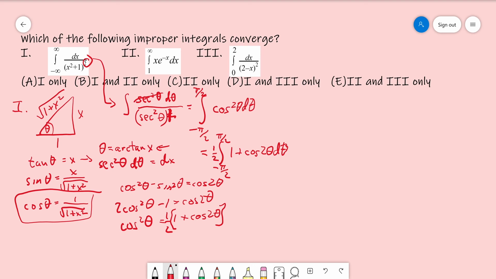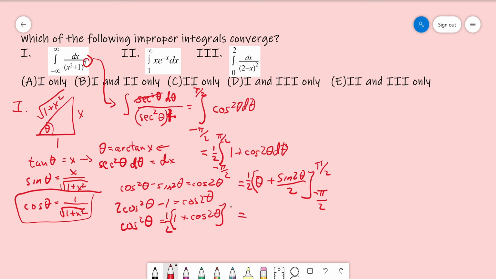Okay, well, this integral is going to equal, there's a 1/2 out front, theta plus the integral of cosine of 2 theta, which is sine of 2 theta divided by 2. And we're going to evaluate this from negative pi over 2 to pi over 2.